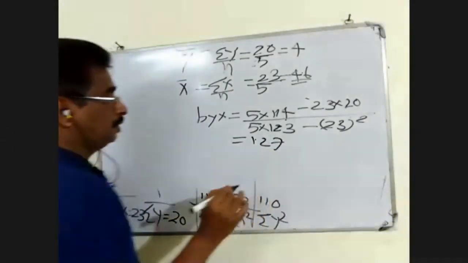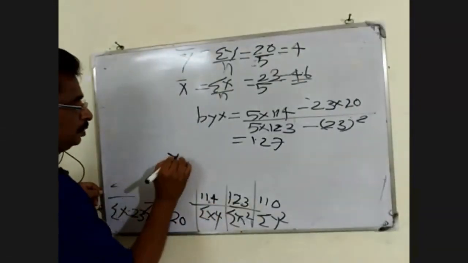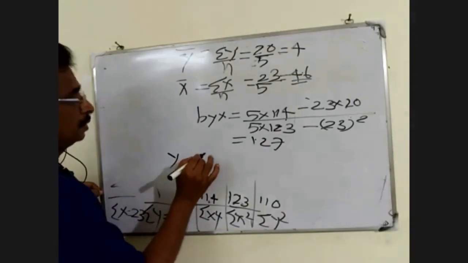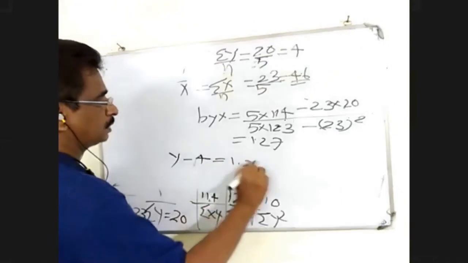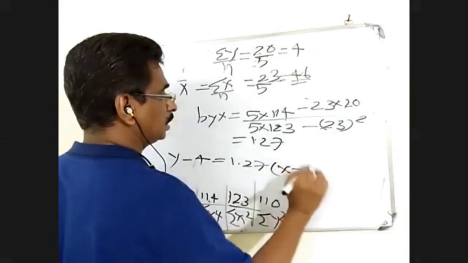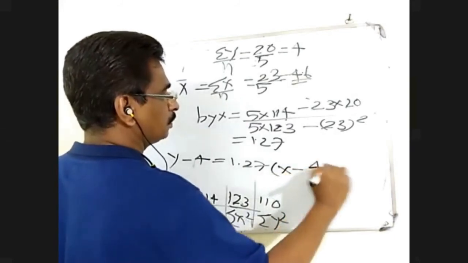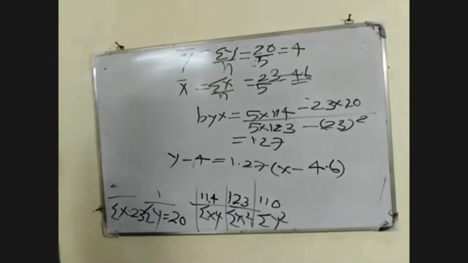Then we can write the regression equation of y on x: y minus y bar is equal to byx into x minus x bar. That is 4.6. Okay, simplify.